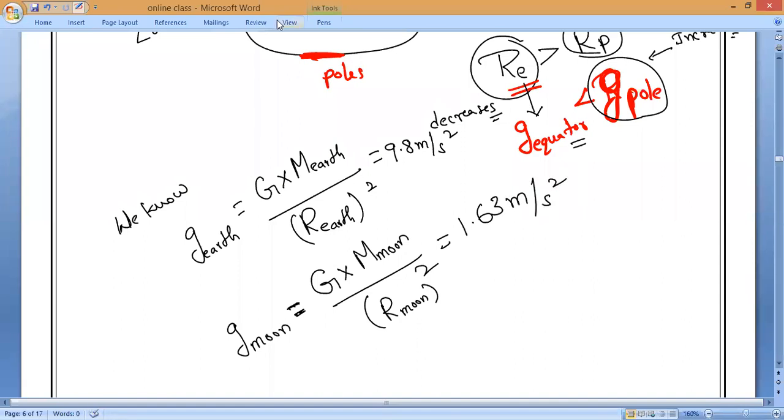Yes or no? You must know these values. Please remember the gravitational force of Earth and of moon. The gravitational force of Earth is 9.8 meter per second square, and the gravitational force of moon is 1.63.